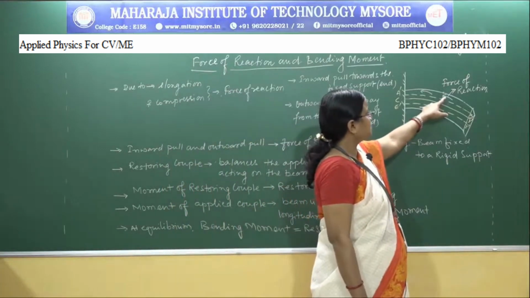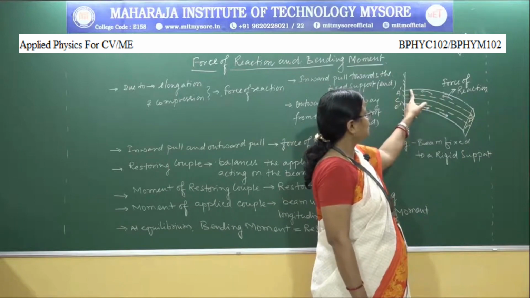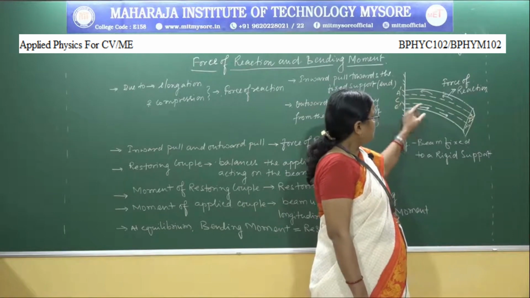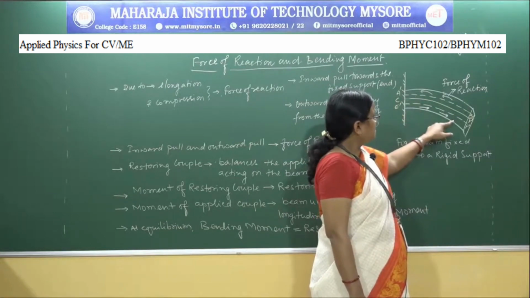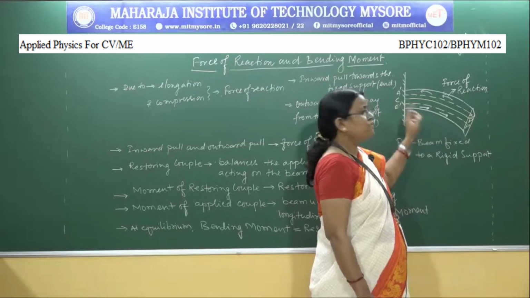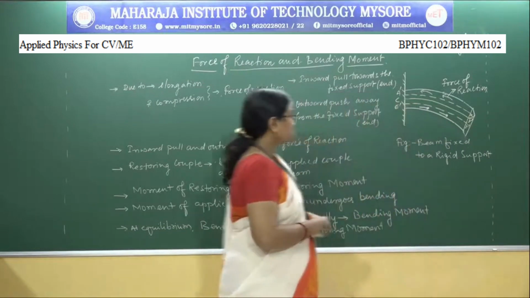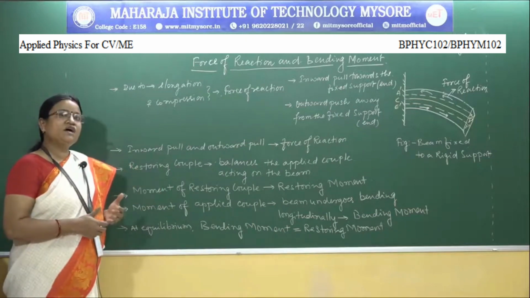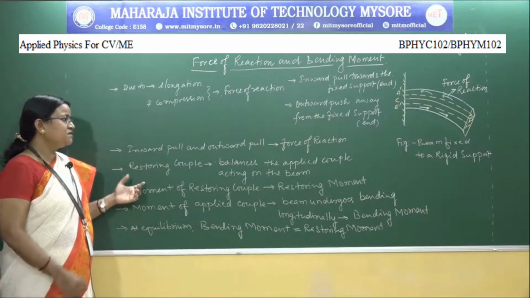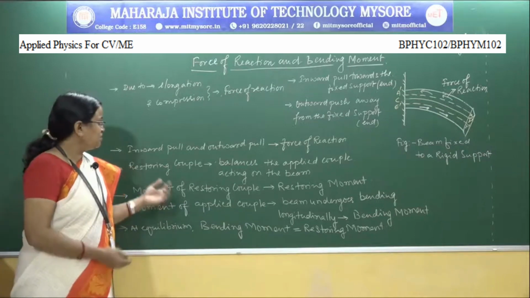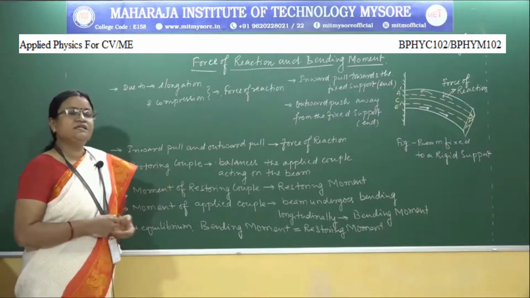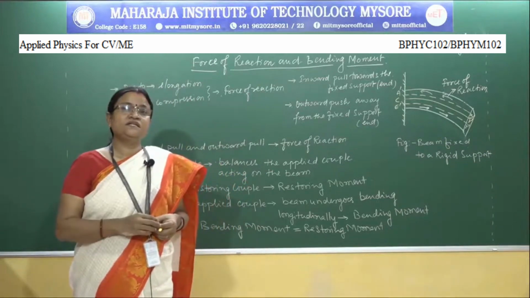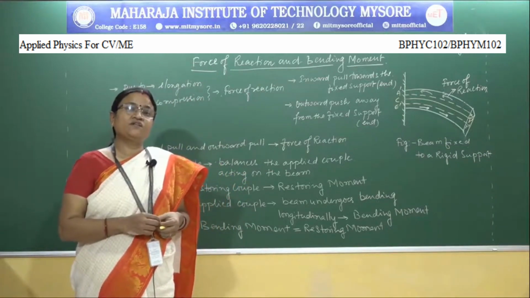So this inward and outward pull, which we call the force of reaction, leads to the restoring couple in the beam. What we mean by couple is nothing but a torque acting on the body.